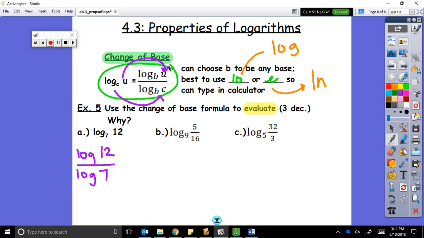Okay, we're doing 3 decimal places, so I got 1.2. Ooh, that gave me a lot of decimals. Hold on. Try that again. Alright, 1.277. Okay? Alright, I want you to try the next 3. Rewrite it in change of base formula, and then go to your calculator.